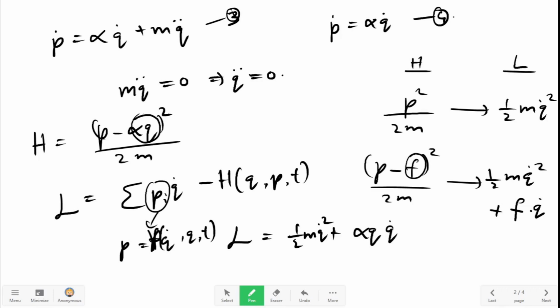Then you will get the Lagrangian. But for faster calculations you can use this. If there is p square by 2m in the Hamiltonian, it will be 1 by 2 m q dot square in the Lagrangian. If some function f is subtracted from p, then there will be an extra term. You have to multiply f with q dot and add.